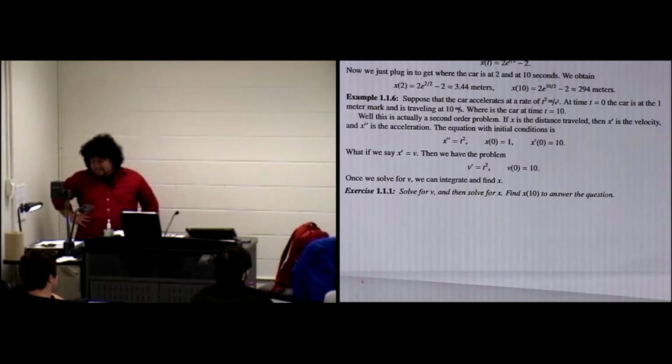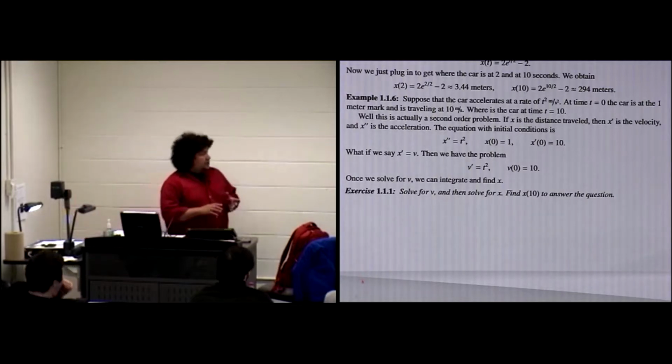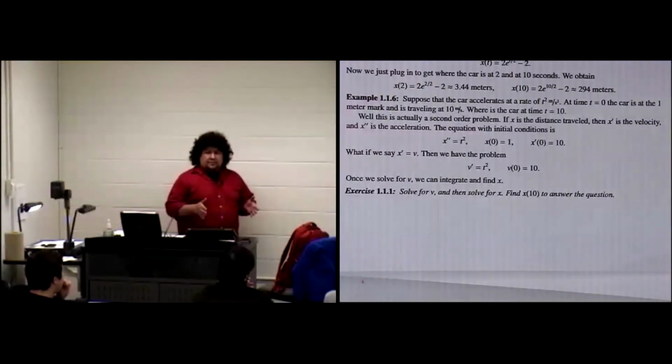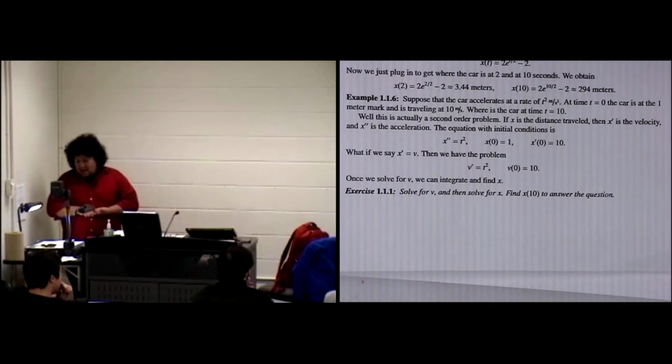So this example is relating to acceleration, and therefore to velocity, okay? And so the idea would be to set this up in terms of the distance traveled. Maybe I should give you time to read this, but I'm hoping that you're reading while I'm talking and multitasking, right? One thing to keep in mind is that the setup is not first order.